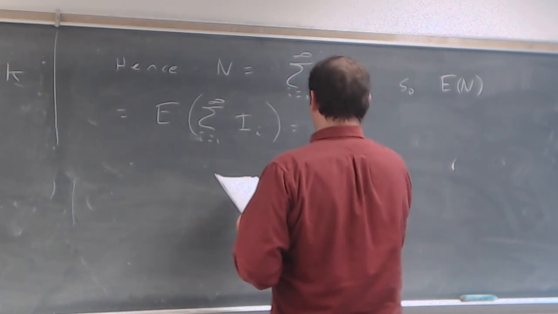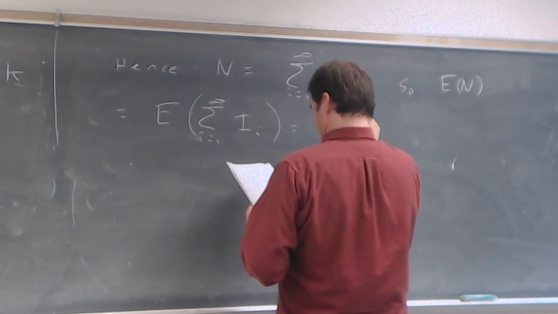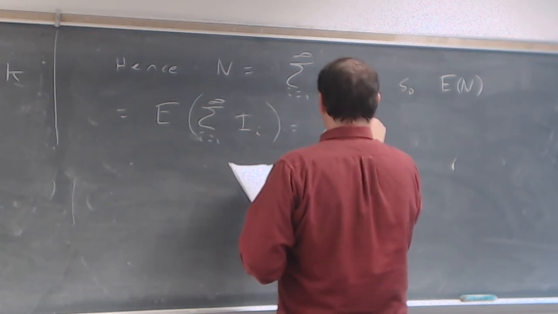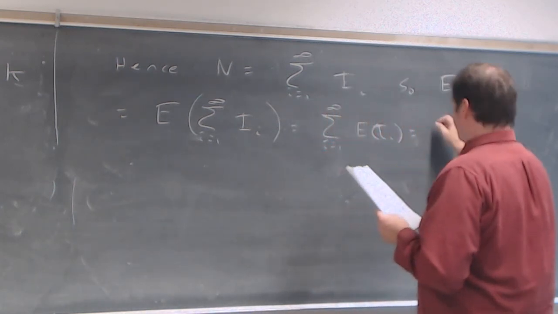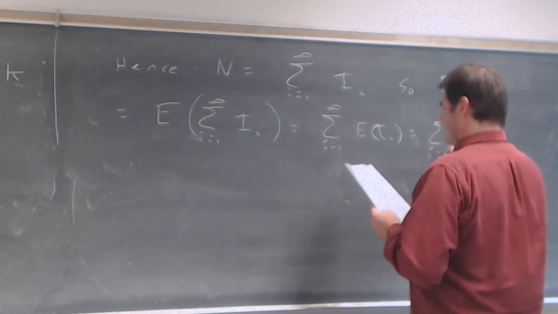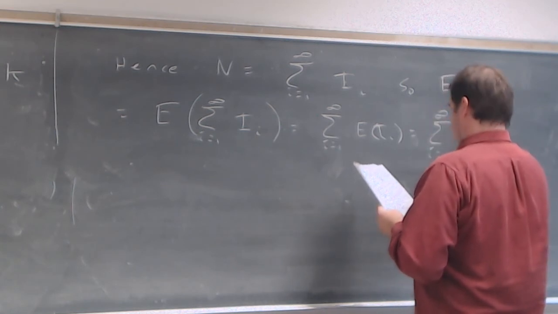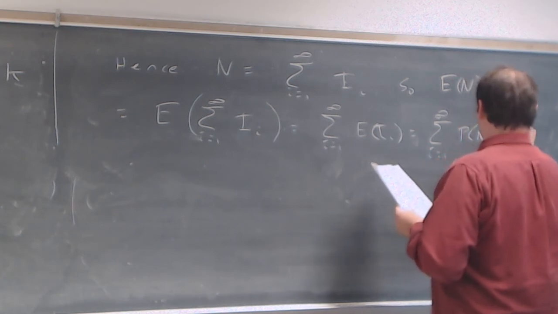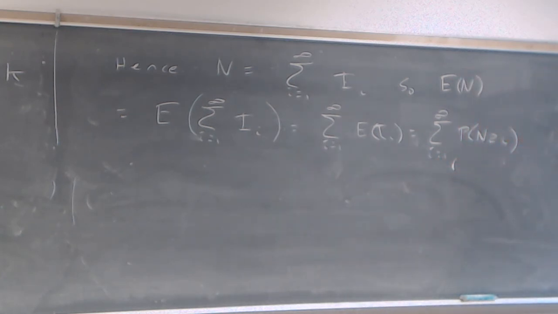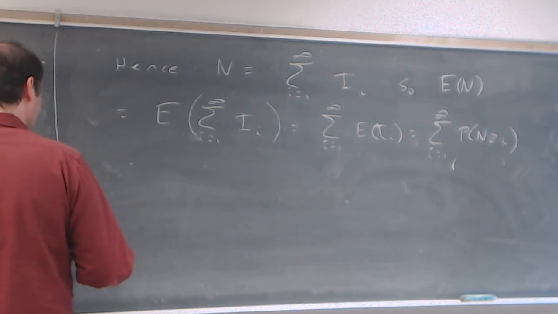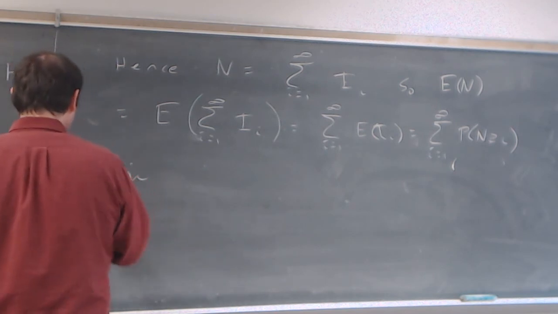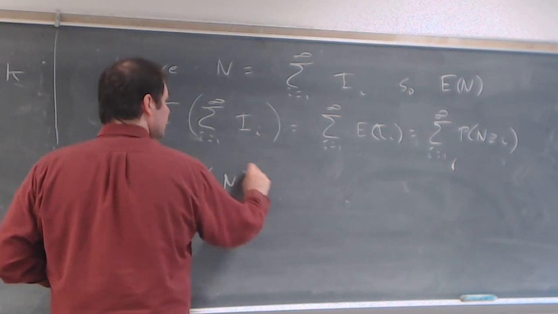So this is the sum as i runs from 1 to infinity of the expected value of I sub i, which is equal to the sum as i runs from 1 to infinity of the probability that N is greater than or equal to i. We've done that type of work before. Now, the probability that N is greater than or equal to i.